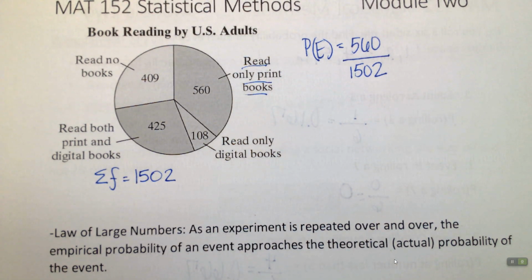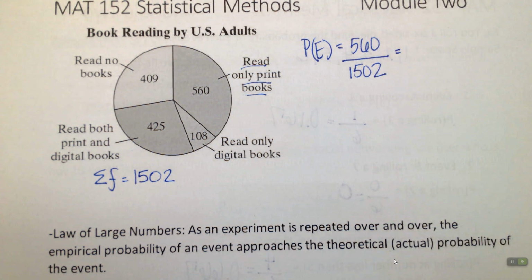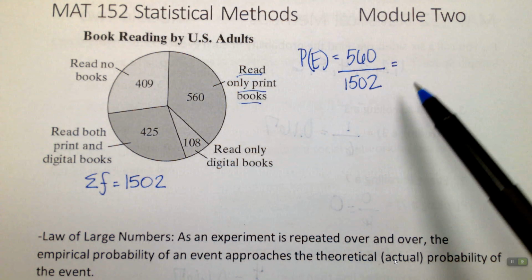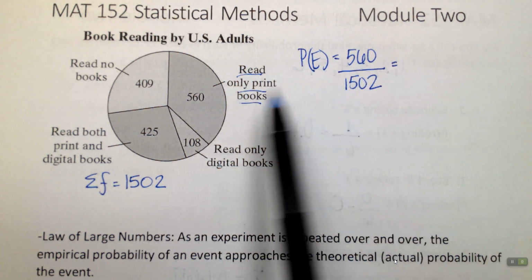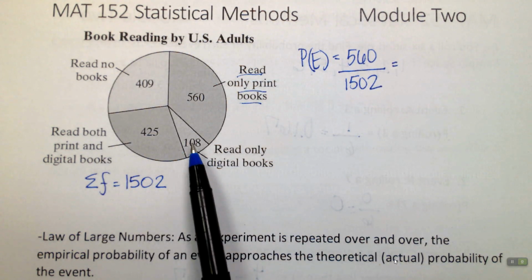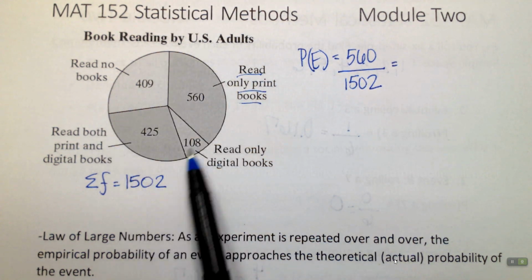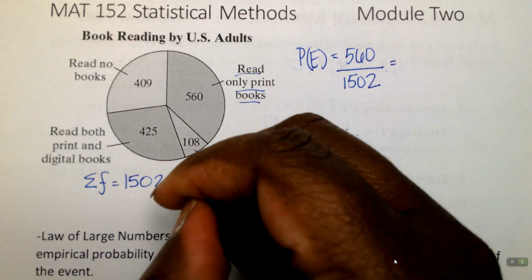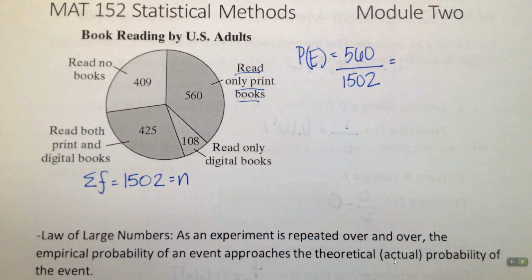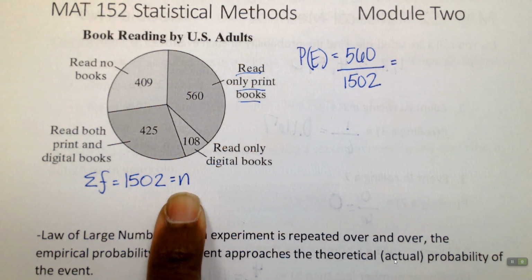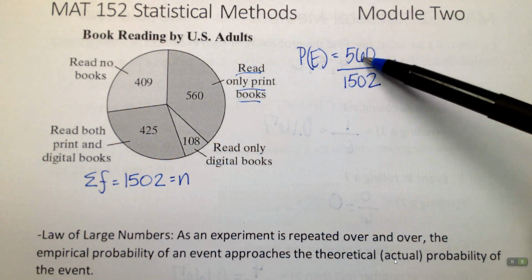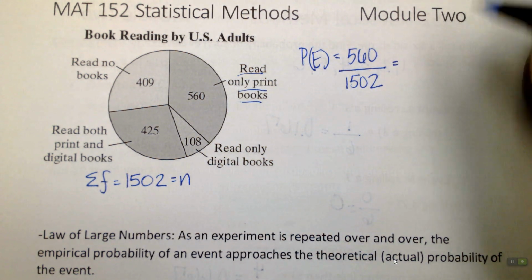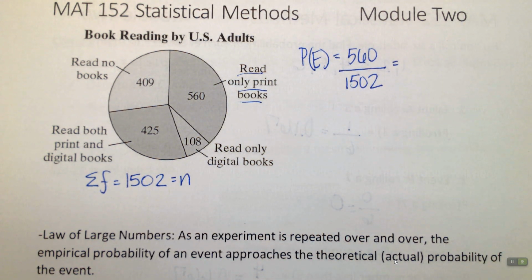That gives you the 1502. If they don't give you the total, just add all your frequencies or your possibilities, whether it's in this form or a chart, together so you can get that bottom number. So according to the formula, it is F over N, our frequency over our total frequency. So what is 560 divided by 1502?